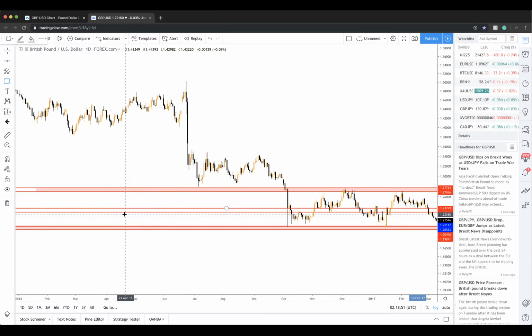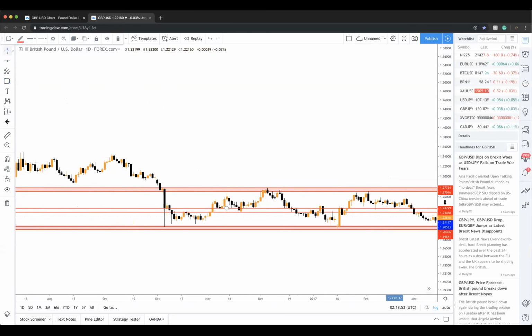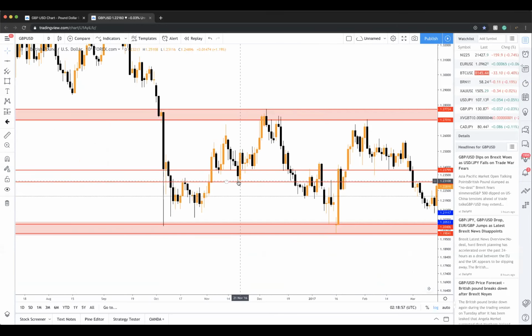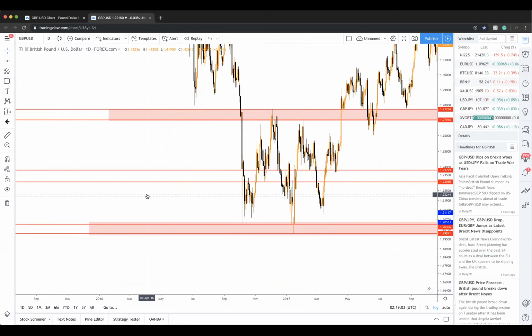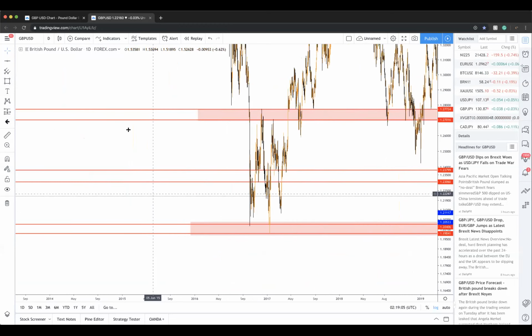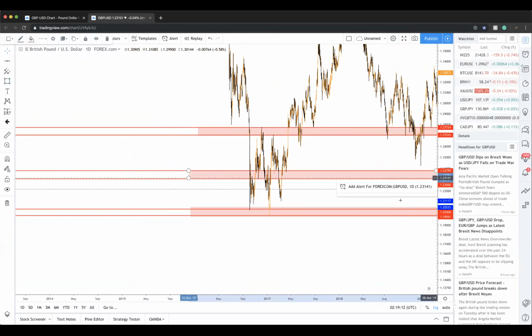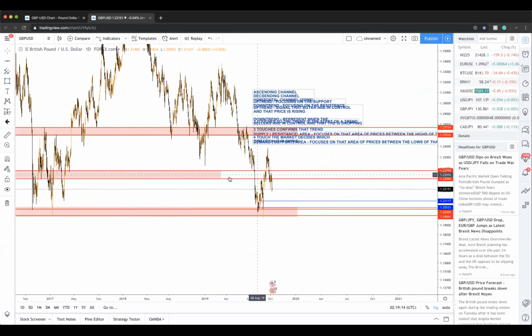So to help you see where I drew those points from, I took this low and I simply just identified the previous low, all right? And then I fill that in with a rectangle tool to help me understand the current price area in between here.